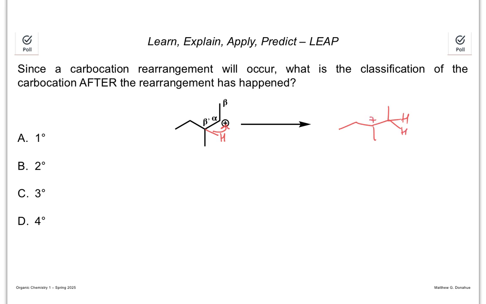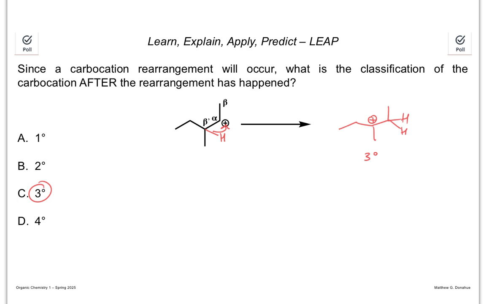And the consequence of that is that beta carbon now gets the plus charge. So we can classify that as a tertiary carbocation. Now there's nothing else it can do. That's the most stable thing.